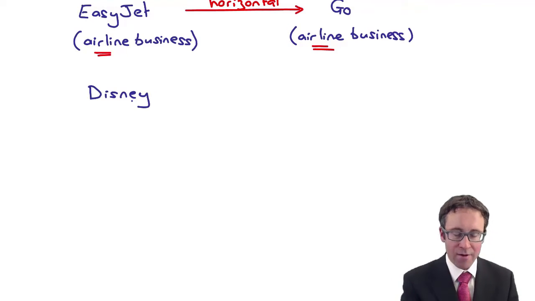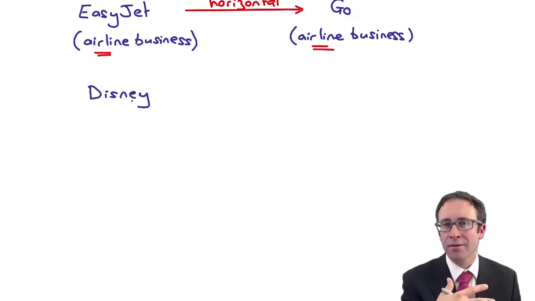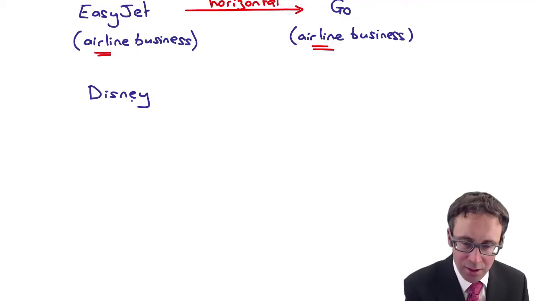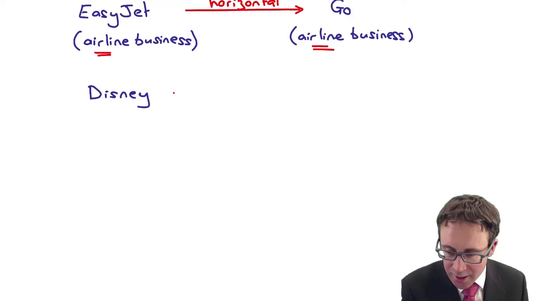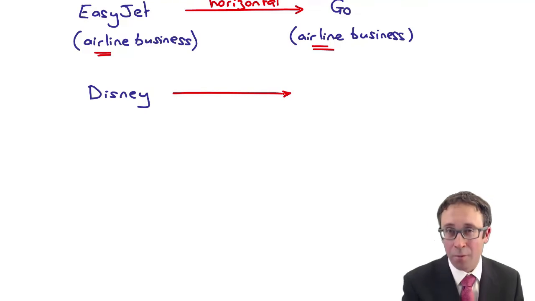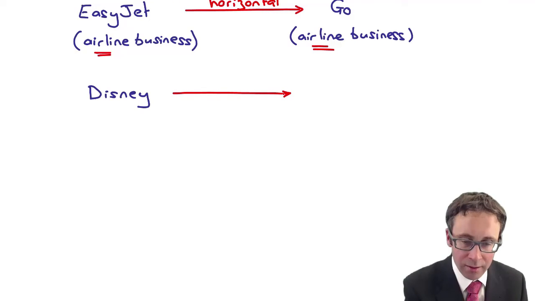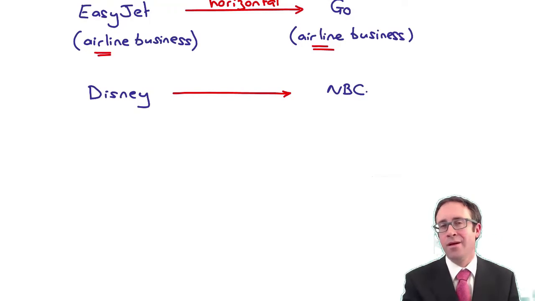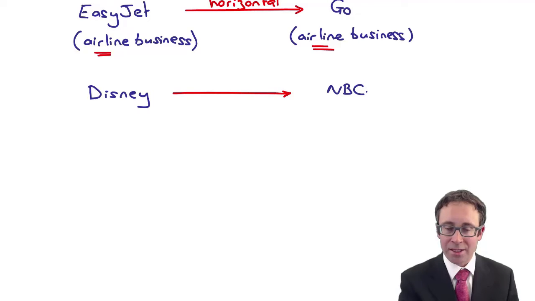Very much revolves around making films, doesn't it? And theme parks. It doesn't necessarily have to be an acquisition. It could be a merger as well. But you've got there, they have gone through, and I think merged themselves with NBC.